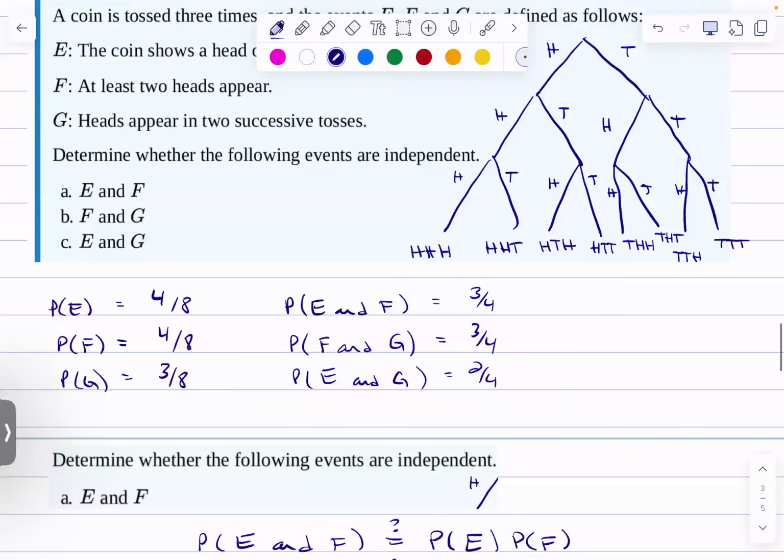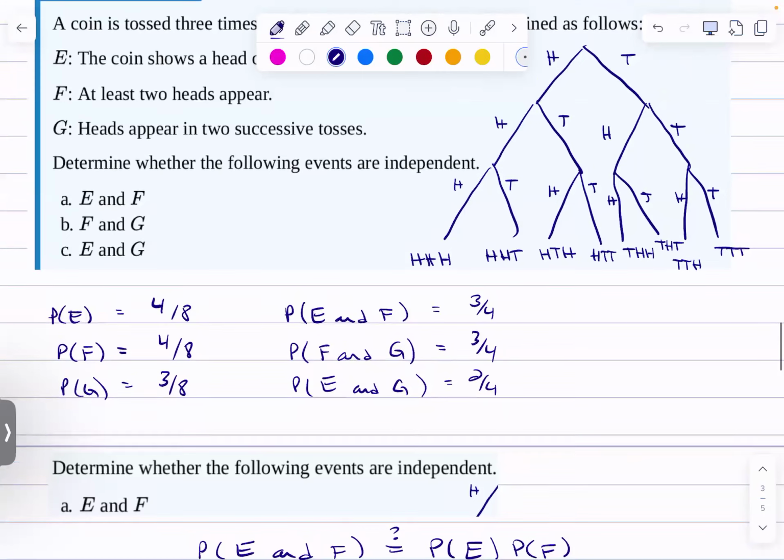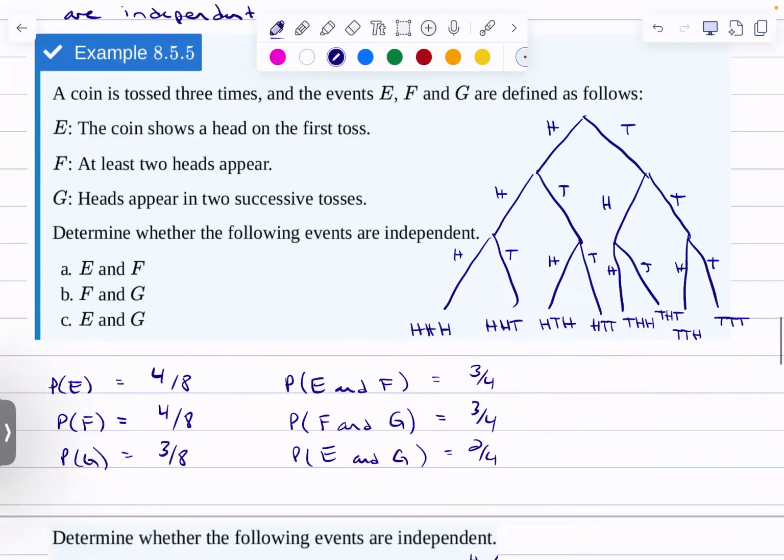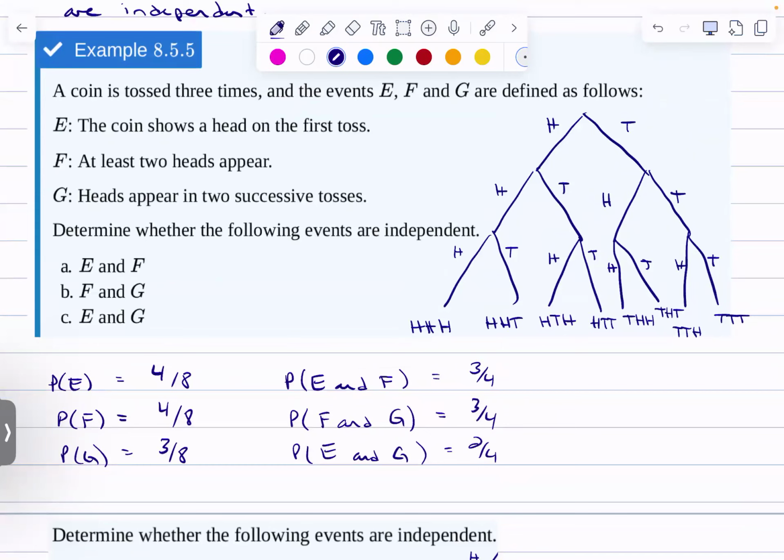E and G. Uh-oh, they have the probability of E and G as 1 over 8. I did think that was kind of weird that they were all not independent. Where did I go wrong? It's true though.